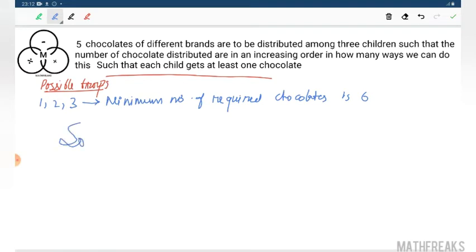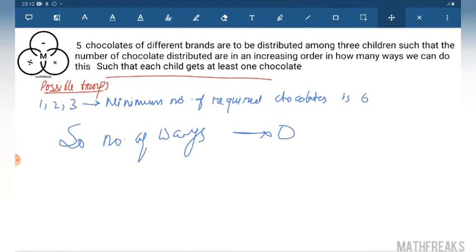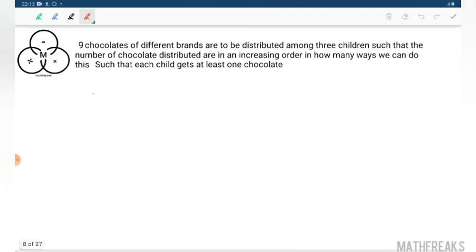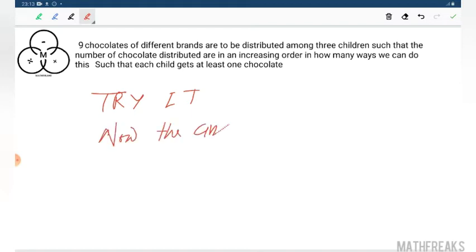There are 5 chocolates in total, so the number of ways is 0. Now the answer is not 0.